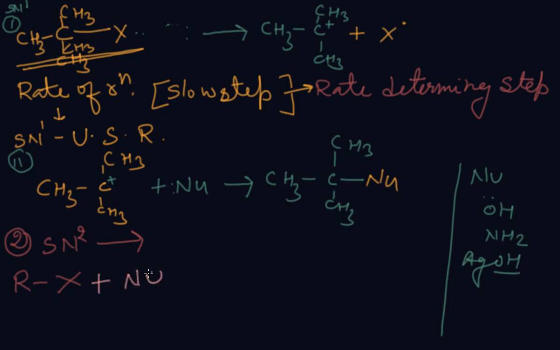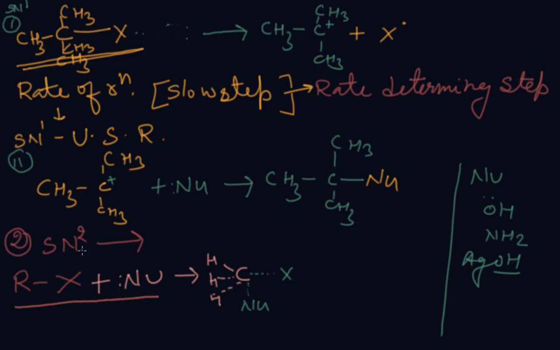If I take this R as methyl group, here H, here again H, here again H, and the nucleophile also attaches in one step like that, and here is X. This is the intermediate step, and now the rate of reaction will depend upon both the nucleophile as well as the alkyl halide.